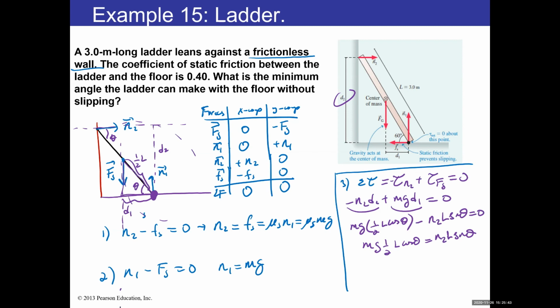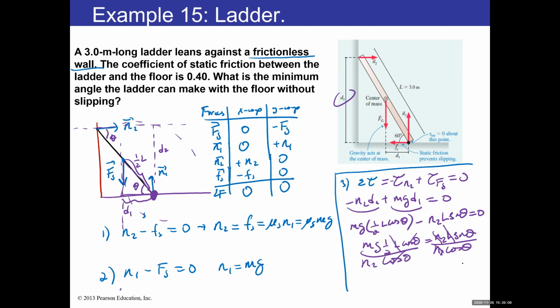From here, I can cancel the L's. Then I divide both sides by cosine theta, and on the right side I divide both sides by N2 as well, so that cancels out.